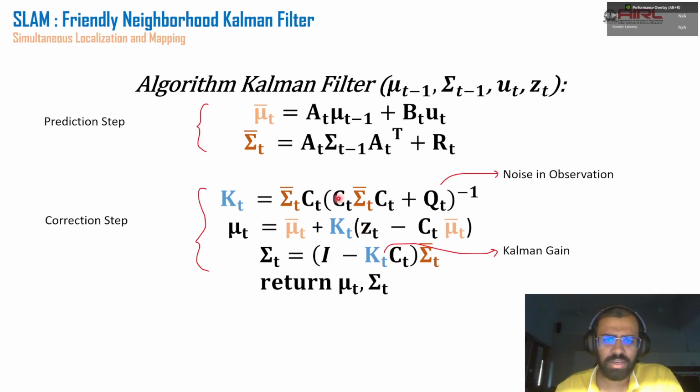If that is the case, this whole term gets divided by this whole term. You will cancel out the things, and then when you put KT here, it's I minus KT CT, so sigma T. That just becomes 0 again, right? Because your CT will cancel out each other. And that's interesting. That basically means my covariance in my position estimate will become 0 if my noise in observation is 0.